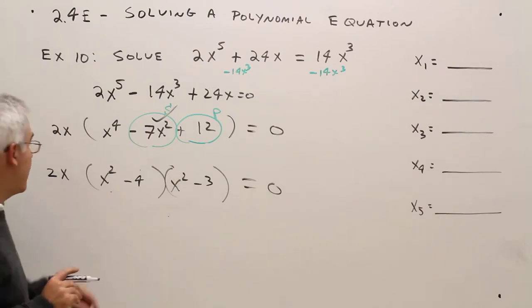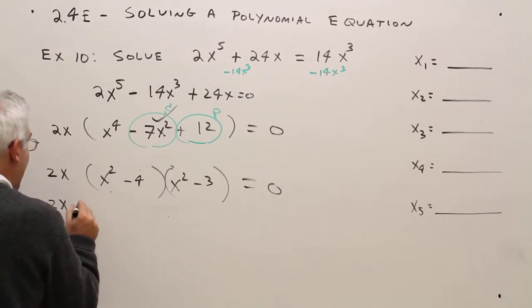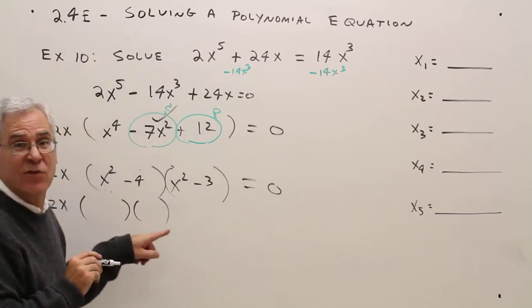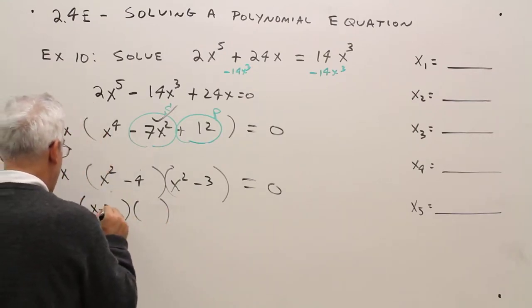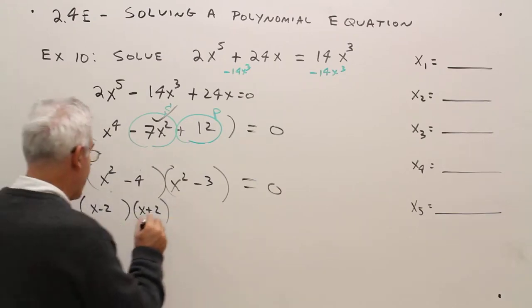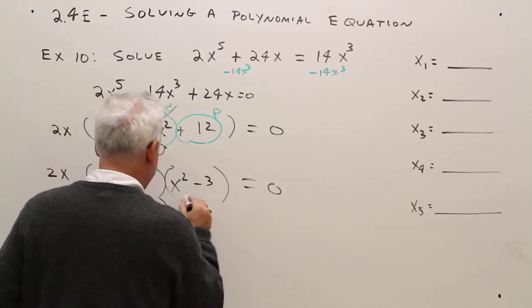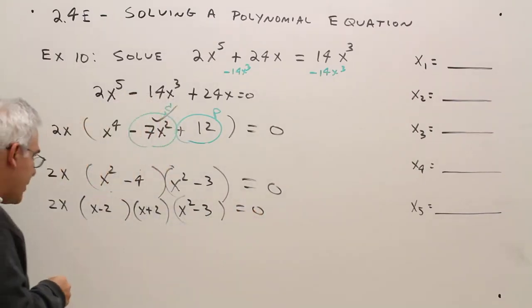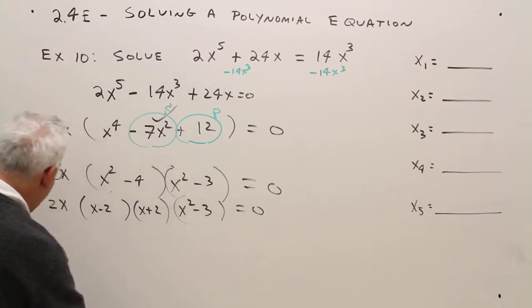Difference of squares. So 2x, hopefully you're okay with x minus 2 and x plus 2, and then x squared minus 3, which is not a perfect square, equals 0. All right, then I've got a series of factors.